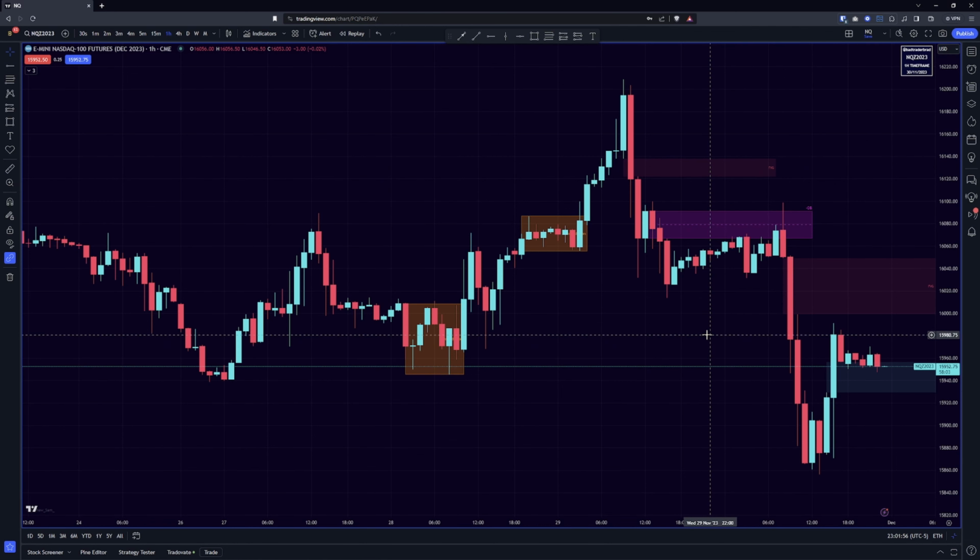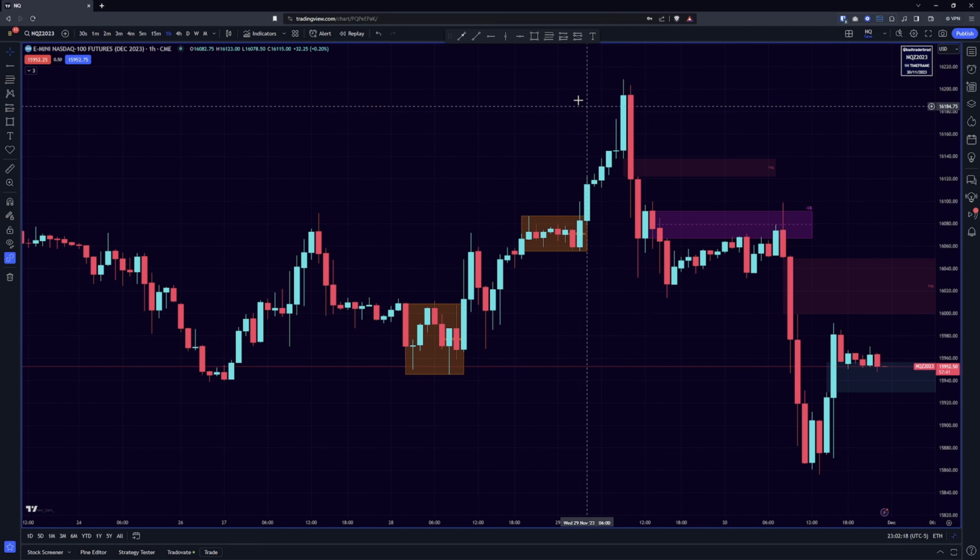At that point, I would be looking for more, I guess, because it didn't do what I thought it was going to do. But since we had a close under this consolidation, my thought process was that we would have the second leg of redistribution here, and seeing this order block hold supported that, right?